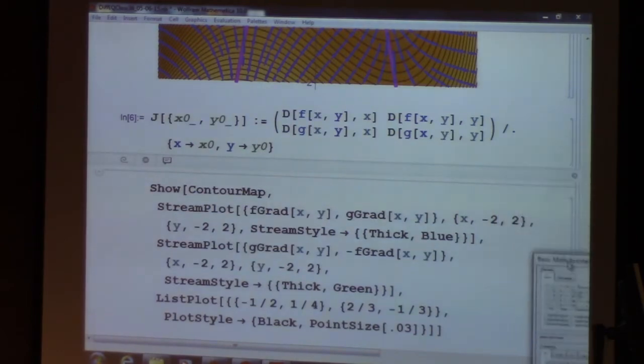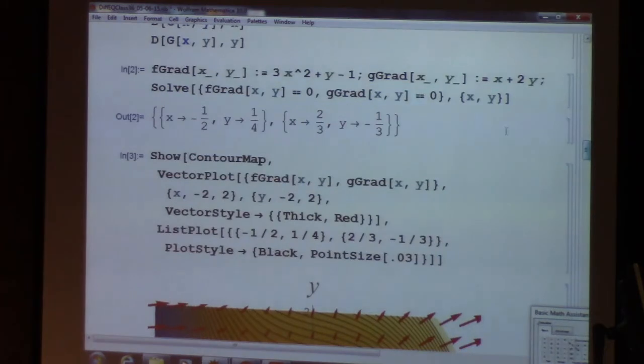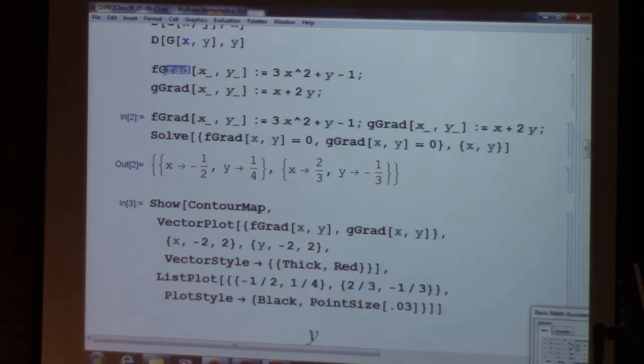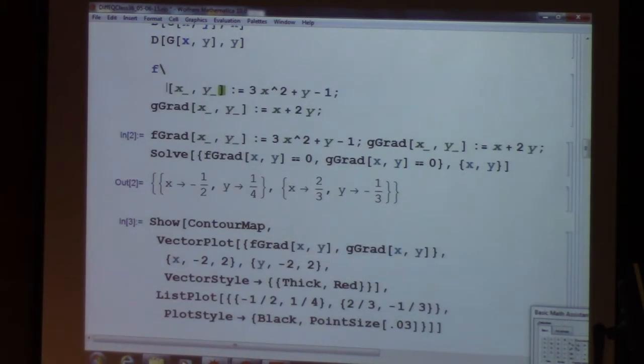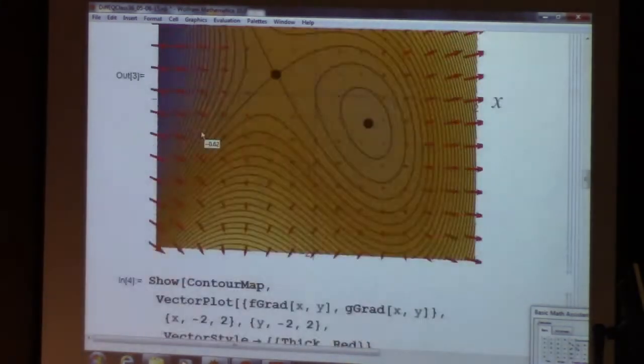Oh, I don't think I called my functions f and g here, did I? I called them f grad and g grad. Okay, well I can call them f and g as well. Now I can use the Jacobian.